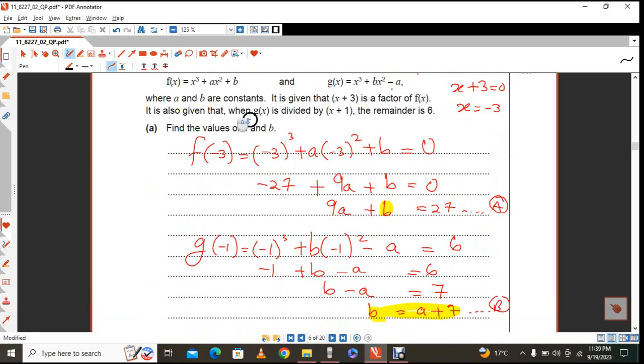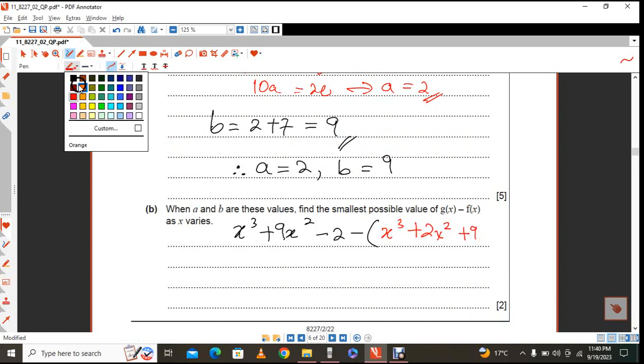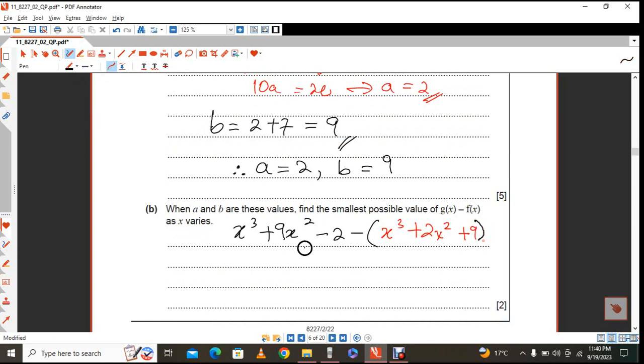We're going to take away f of x, right? And I'm just going to put this in a different color coding to help you navigate through. So it is x cubed plus 2x squared plus 9. So if you are subtracting, the x cubed plus 9x squared minus 2 minus x cubed minus 2x squared minus 9.